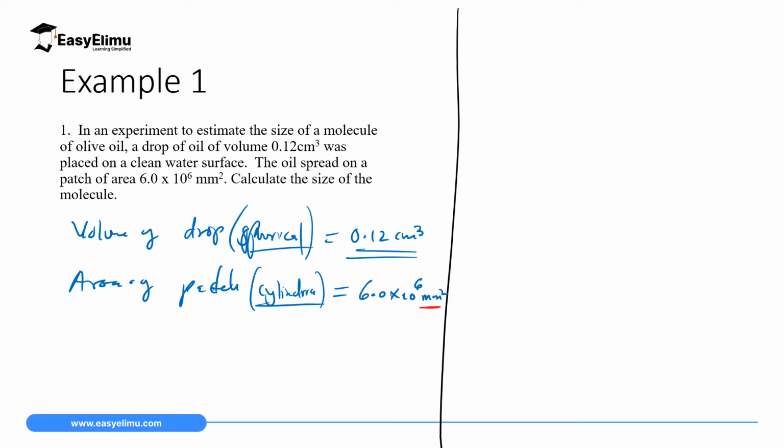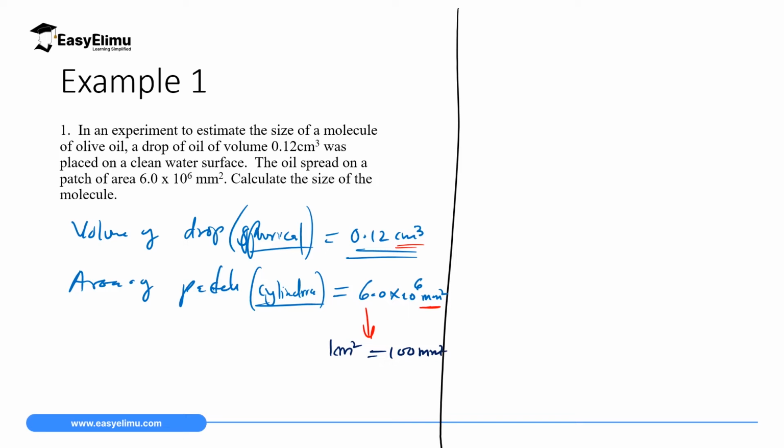Then now, since we know that this is spherical and this is cylindrical, look at the units that we have. Area is in millimeter squared and the volume is in centimeter cubed. In this case, we must change one to have a common unit. If we change this area to be in square centimeter, then the relationship between a square centimeter and a square millimeter is that 1 square centimeter is equal to 100 millimeter squared.